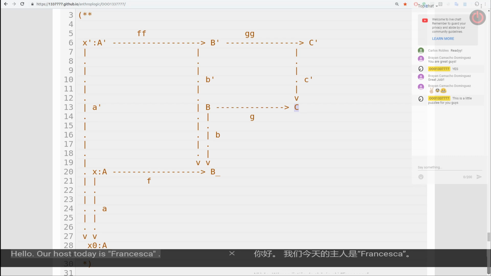We get to the interesting part. The interesting part is the puzzle, how we solve it.